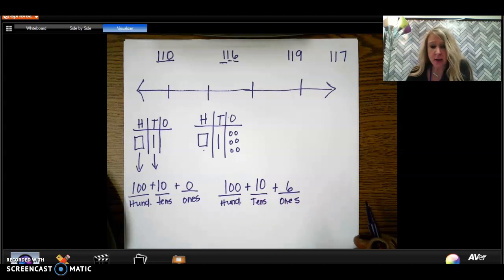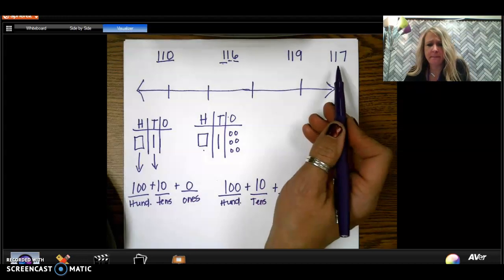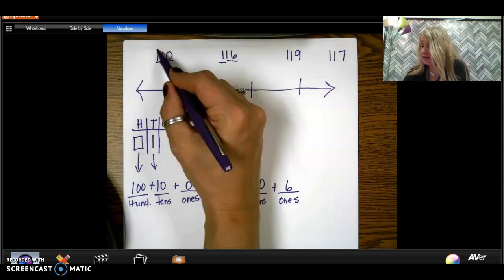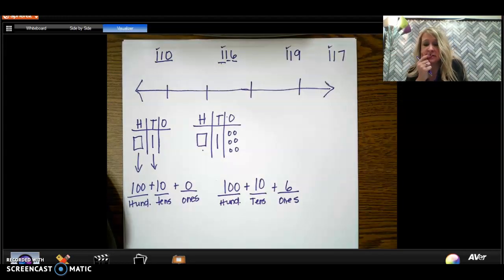What do we notice about all these numbers? Look at these numbers. How are they all the same? I'm noticing something. Are you? Yes, they all have 100 in the hundreds place. What else is the same? That's right.